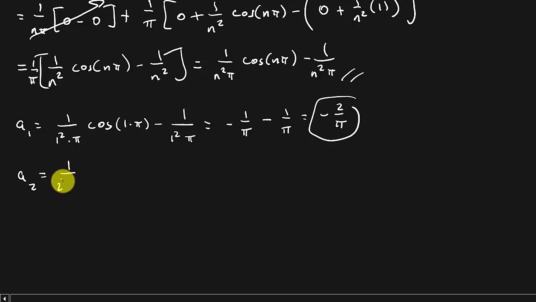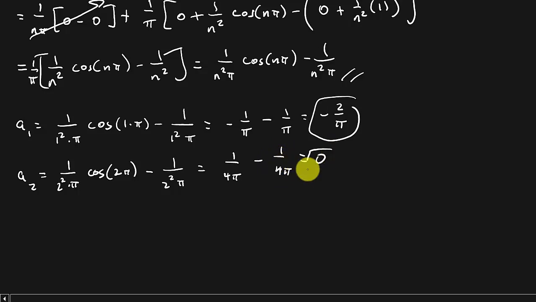So that's 1 over 2 squared times pi times cosine of 2 pi minus 1 over 2 squared pi. So what does this equal? Well, that's 1, right? Cosine of 2 pi is 1. So that's 1 over 4 pi minus 1 over 4 pi. What did we get? 0. What did we get for a2 up there?